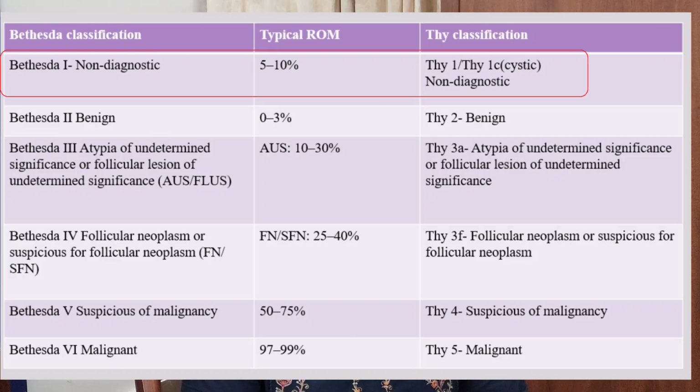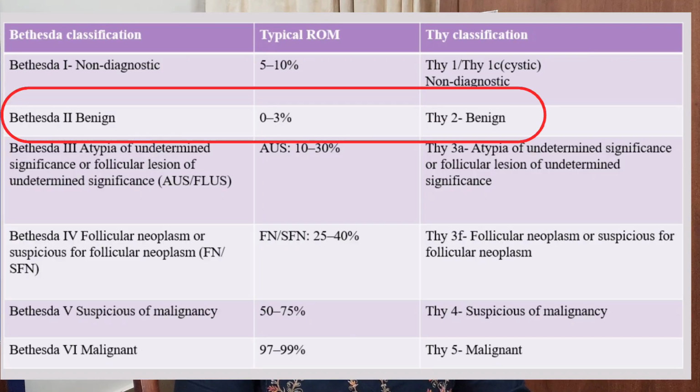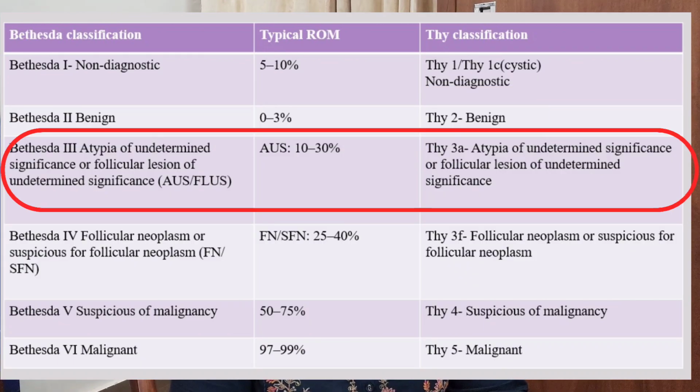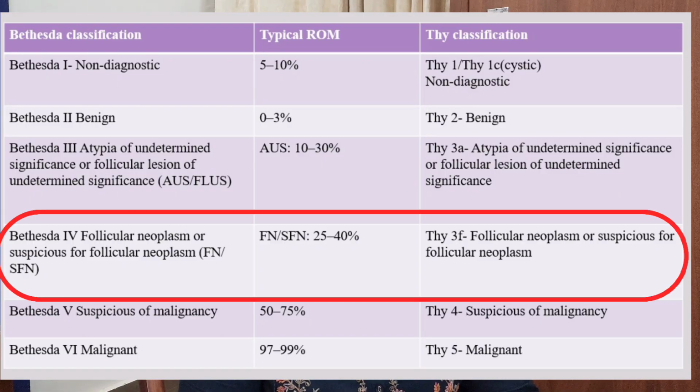Bethesda classification, if it is class 1, that is non-diagnostic, and risk of malignancy is 5 to 10%. Class 2, benign, and risk of malignancy is 0 to 3%. Class 3, atypia of undetermined significance or follicular lesion of undetermined significance with a risk of malignancy of around 10 to 30%.